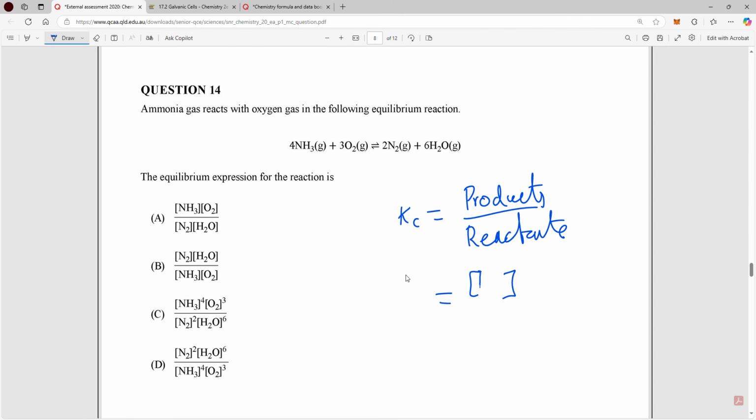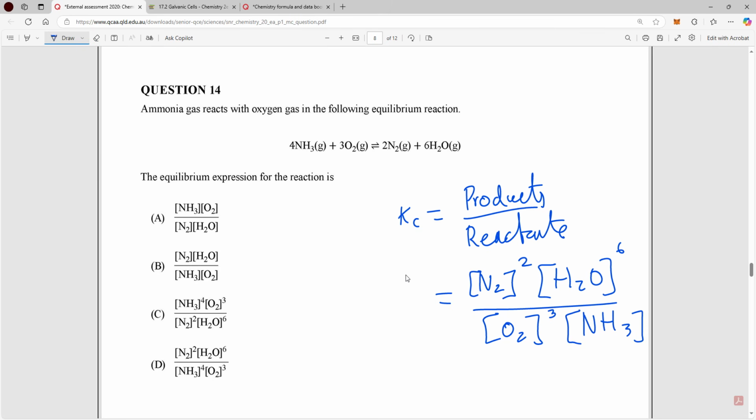So you'll have N2, but you put the coefficients as powers, so it'll be N2 squared, and then you'll have H2O to the 6, okay? And then on the bottom you'll have O2 cubed, and then here you would have ammonia, I think, to the 4. So you look for the one that looks like that, okay? So straight away the correct answer is going to be D.